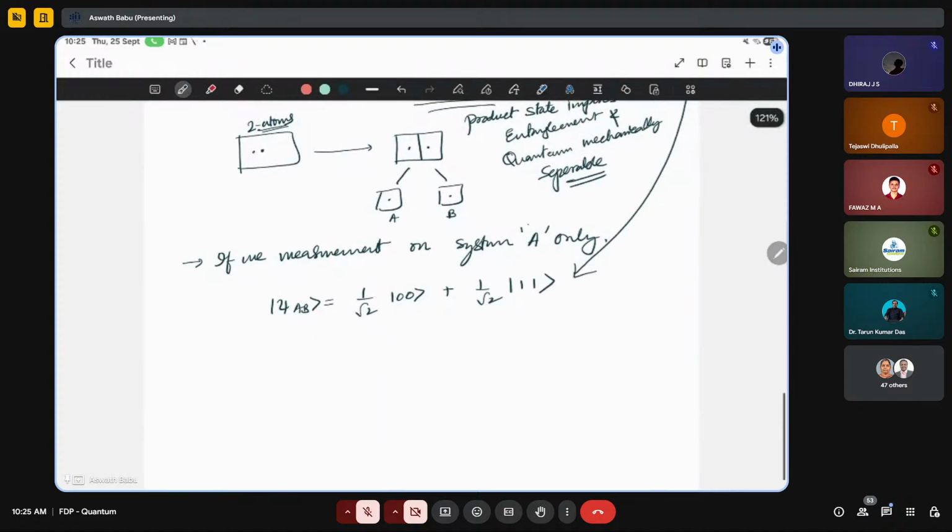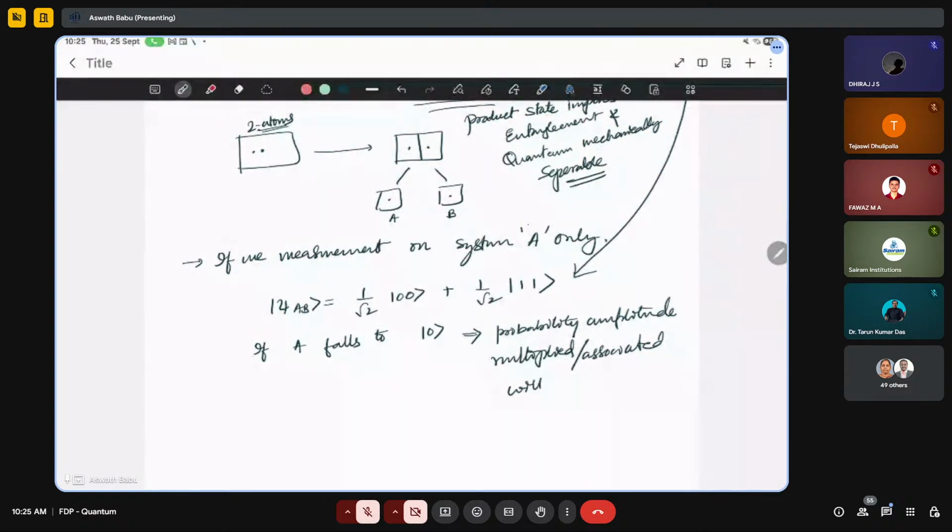Now, as we know, let's say system A falls to the 0 state, which implies the probability amplitude associated with the 1 ket is put to 0.